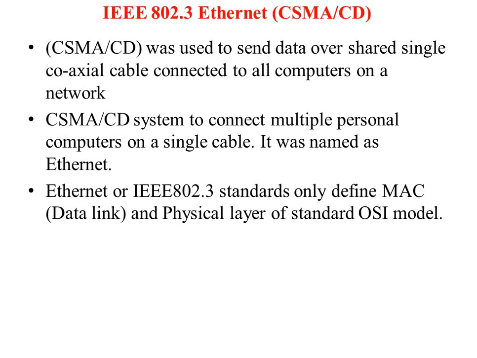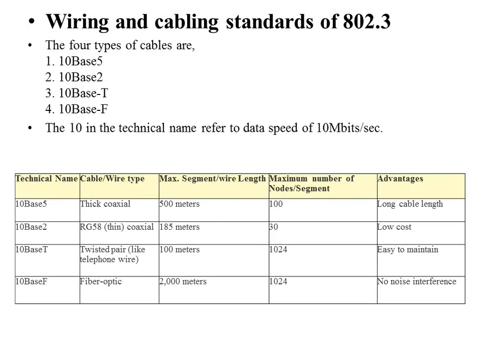Ethernet, or 802.3, that is the IEEE 802.3 standard, only defines the MAC, that is the data link layer, and the physical layer of the standard OSI model. Now about wiring and cabling standards: since 802.3 works at the physical layer also, the cabling type is very important.